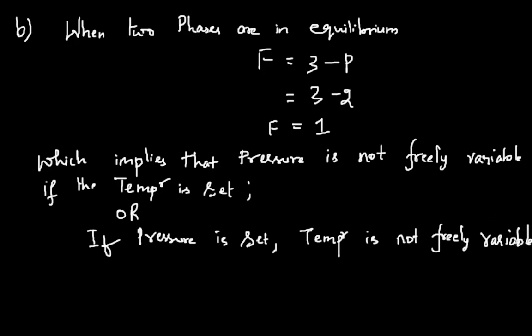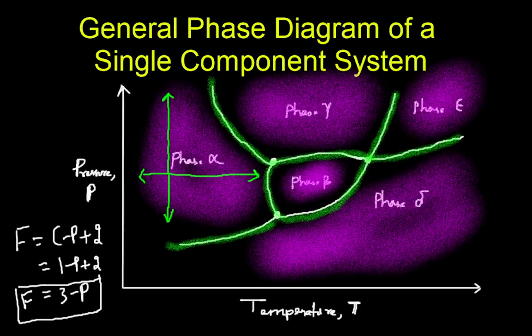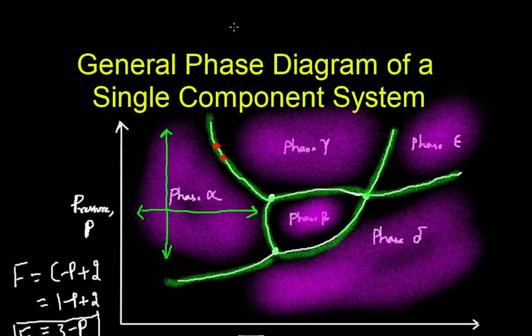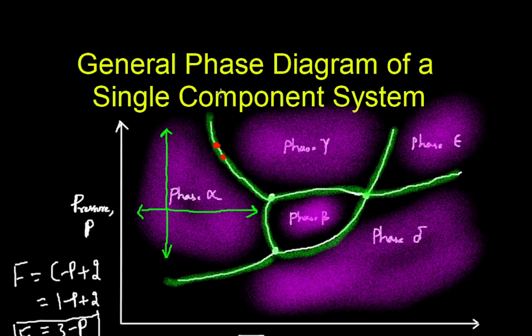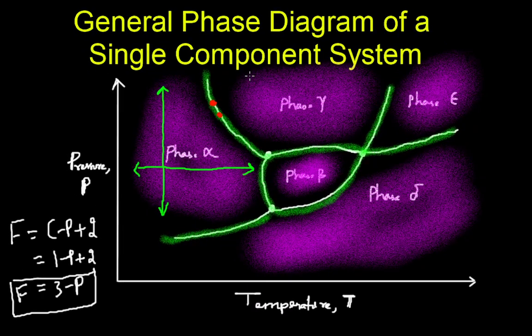So if you set the pressure and you want to remain on this line, you cannot independently change the temperature. You have to again change the pressure to stay on this curve to go to another temperature. So temperature is not freely variable.